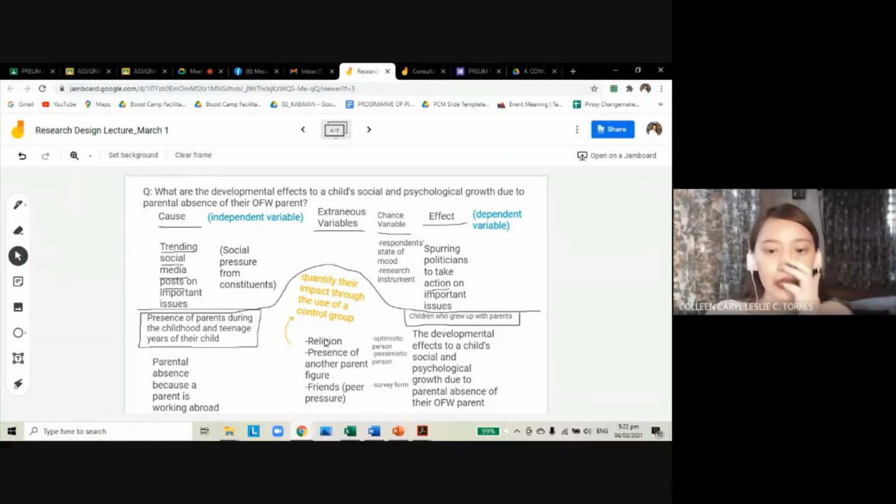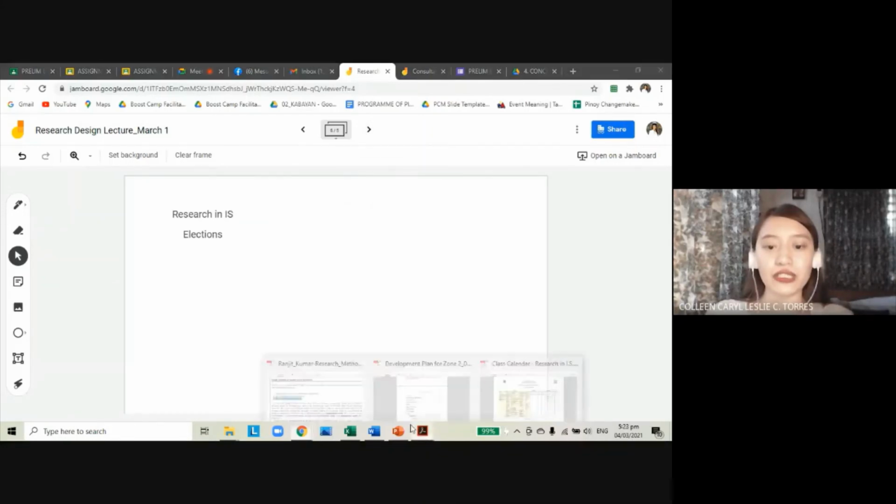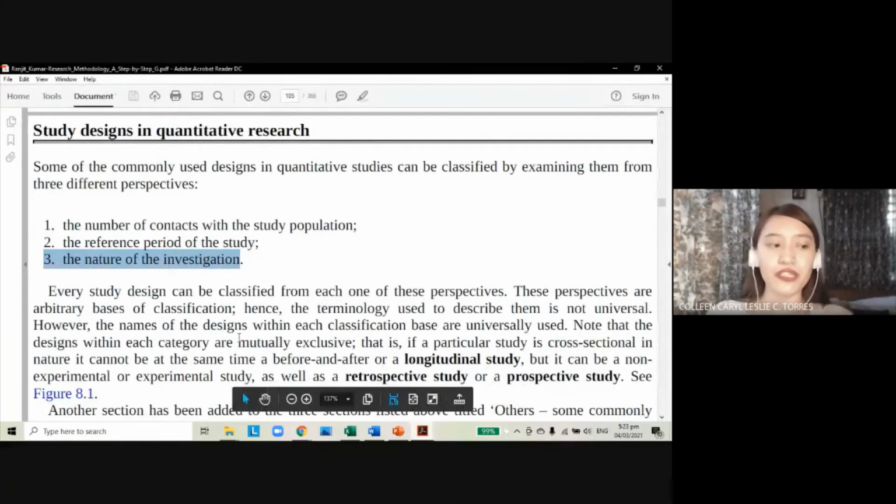But the nature of the investigation is how these types of research designs relate to how the research is conducted. So there are three examples now: experimental, non-experimental, and quasi-experimental.